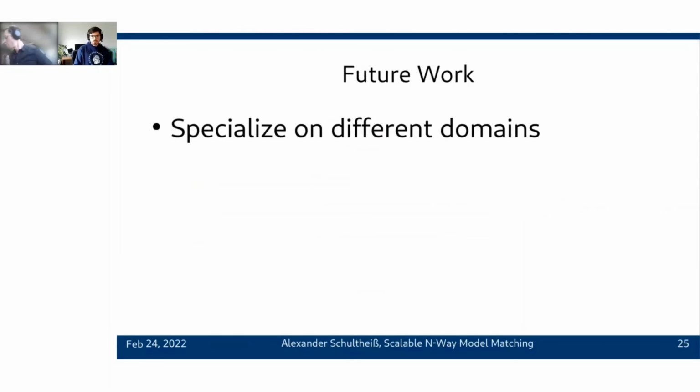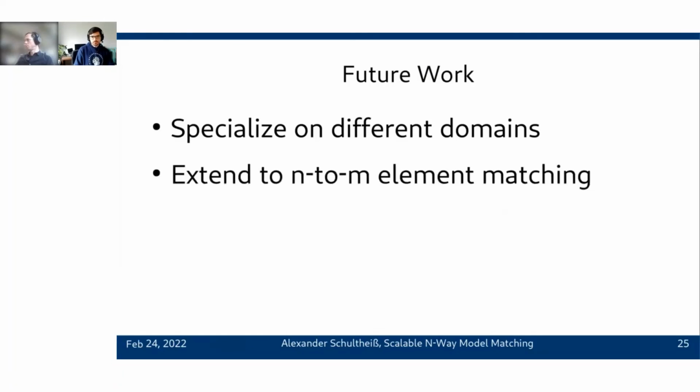For future work, we plan on specializing Raccoon on different domains. As I mentioned earlier, at the moment it's quite a generic implementation, and we do not account for specific model type properties which can be useful in order to match models and elements more precisely. We want to extend Raccoon to end-to-end element matching. At the moment, we limited ourselves to one-to-one matching because the other matchers also just stick to one-to-one matching, and we wanted to stay comparable.